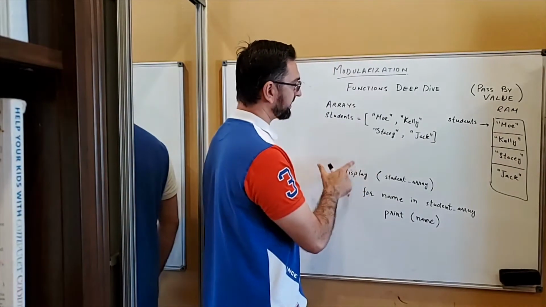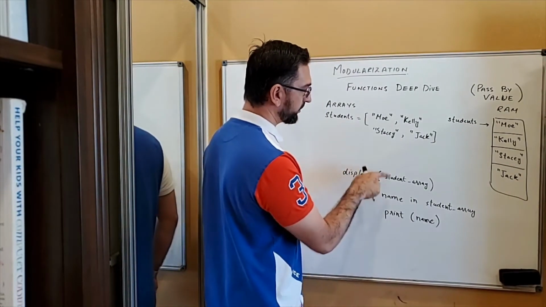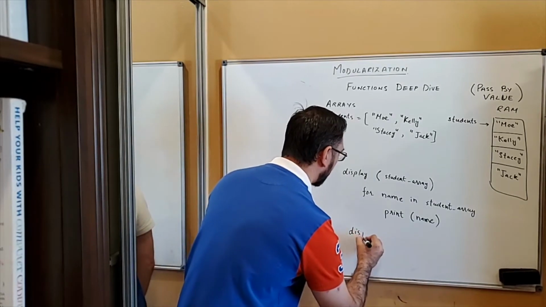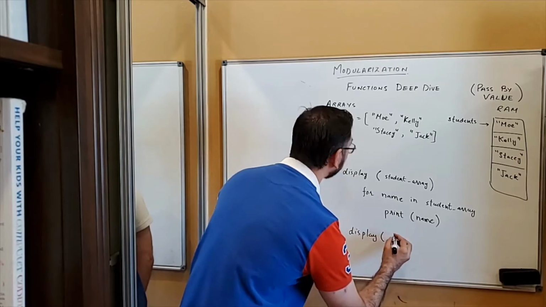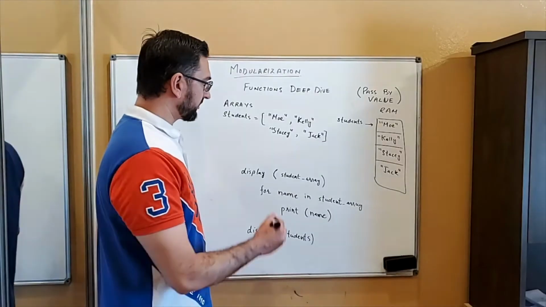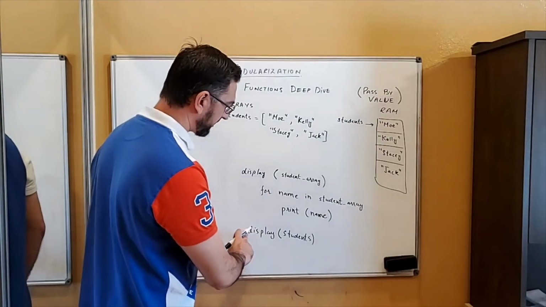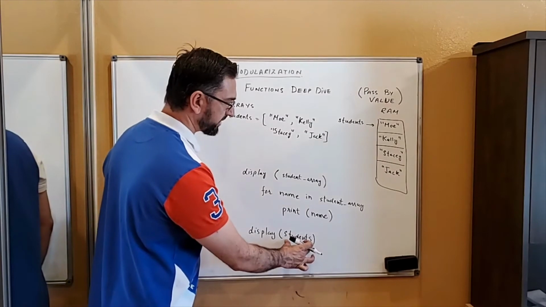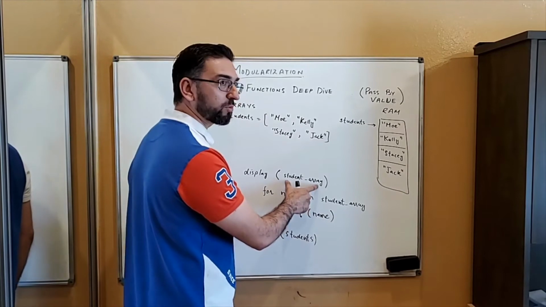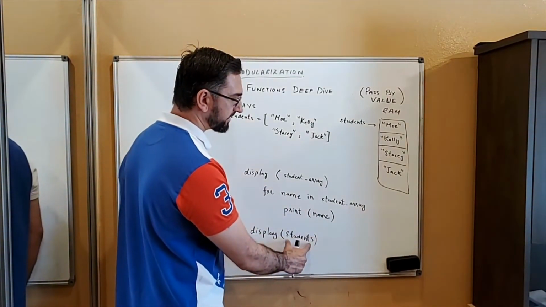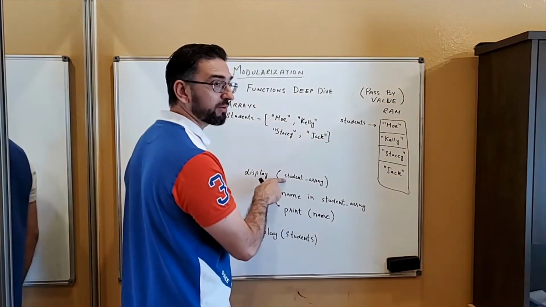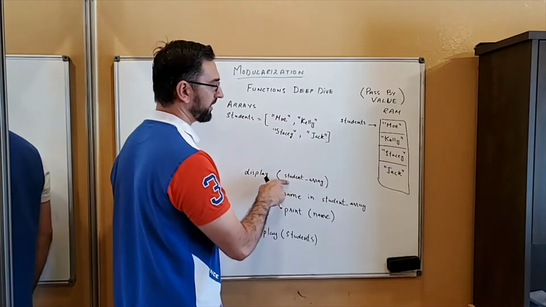When you pass that array over to the display function, so let's say down in my program I call the function display, passing it the variable students, it does not copy the value and pass it over here. All it does is send a pointer of this array and stores the pointer in the students array parameter.